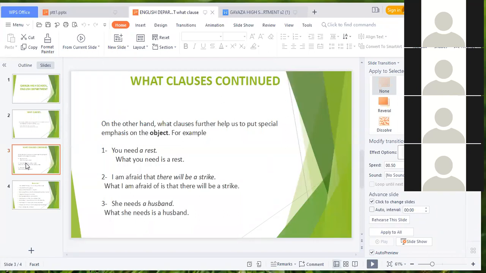We should just pay attention to the tense and to what they are putting special emphasis on, whether it is the subject or the object. So basically that is the what clause.